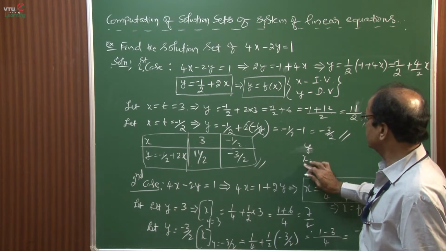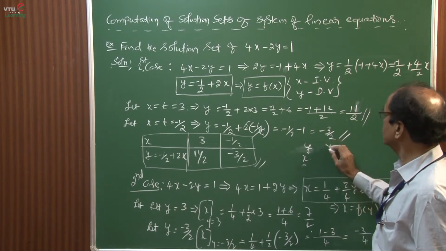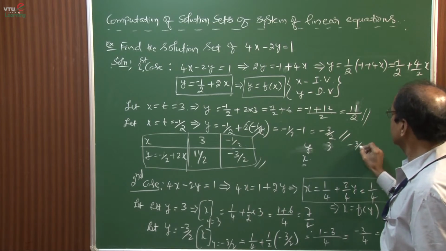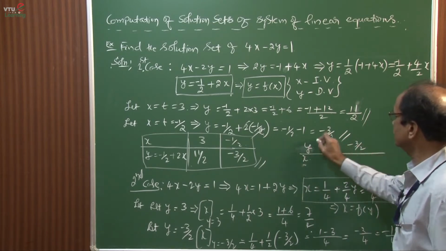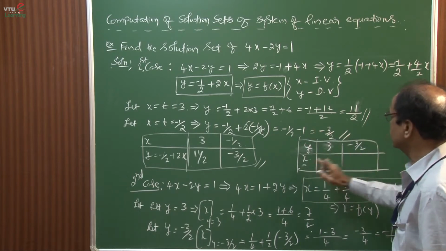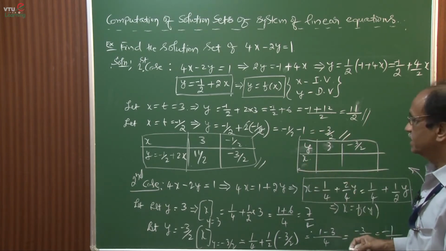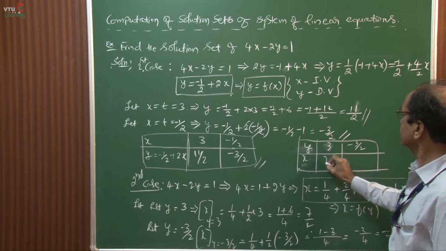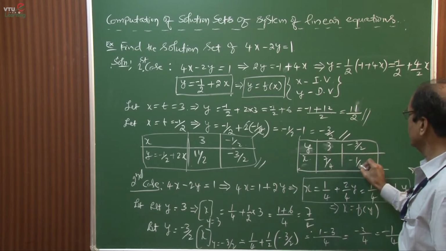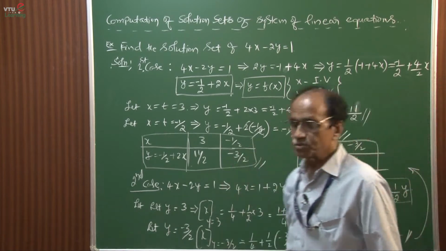So y is equal to 3 and y is equal to minus 3 by 2. Suppose you take these two values and write the solution set in this way, at 3 you are getting 7 by 4 and the other one is minus 1 by 4. So these two are solution sets.